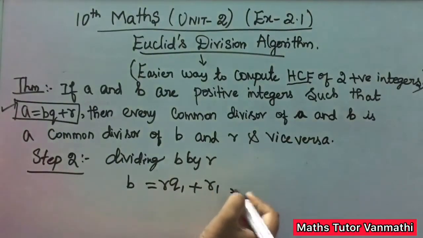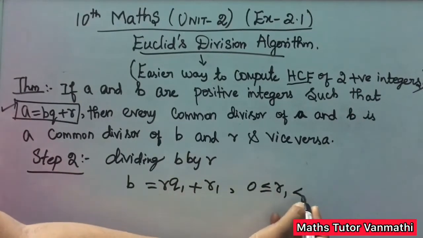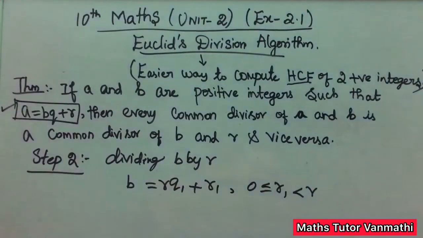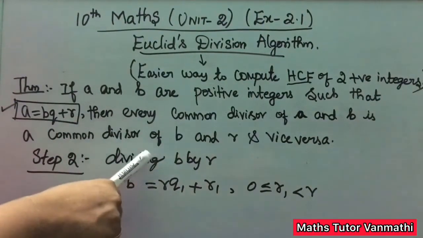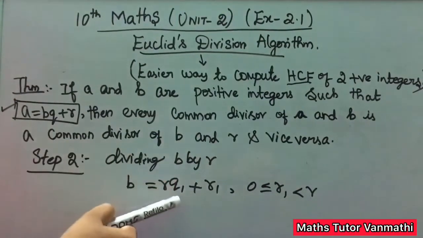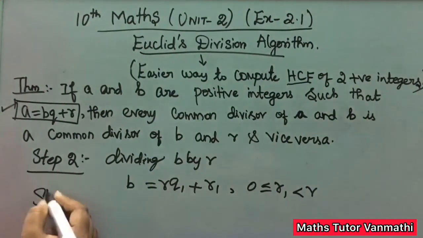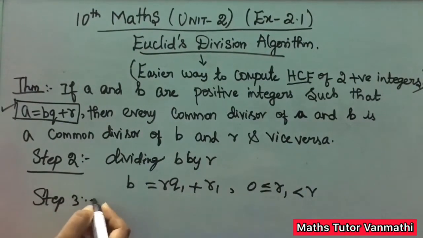Here also this R1 lies between 0 less than or equal to R1 and less than R. Clear? In the place of B, remainder will come, and in the place of A, B will come, and here you will get another quotient and remainder as Q1 and R1. Okay, next we are moving to step 3.